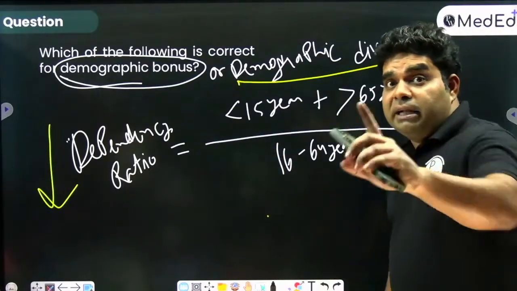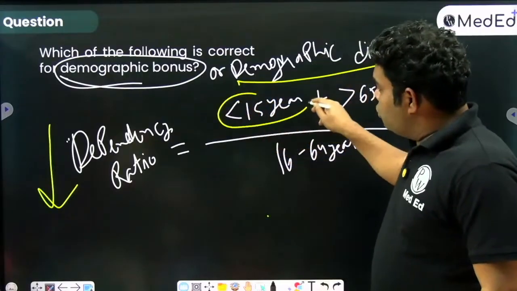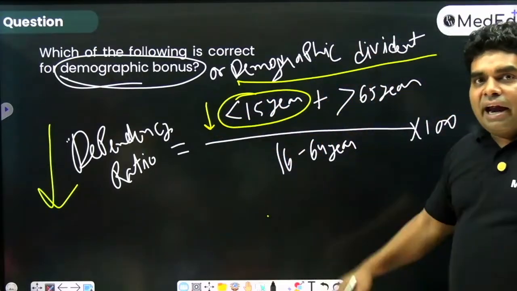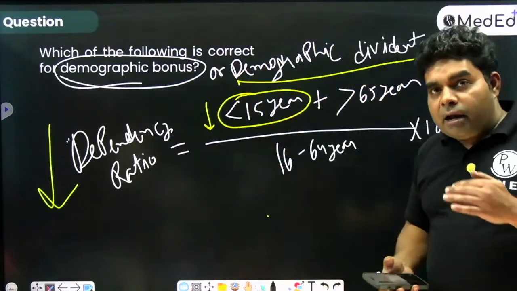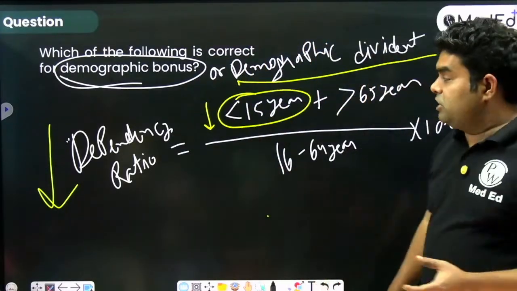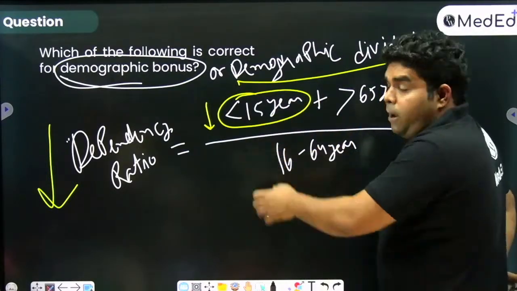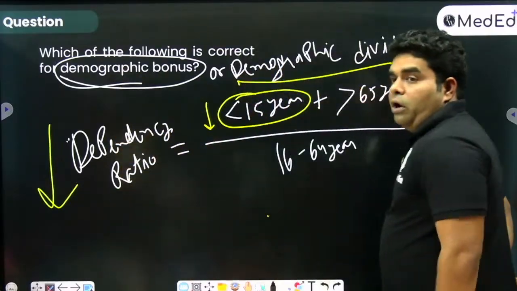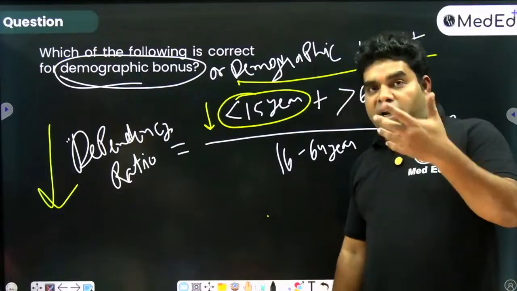Now, how can you decrease dependency ratio? There is only one method of decreasing dependency ratio. If we stop producing children, then the less than 15 years group will be less and the demographic dependency ratio will decrease. अगर फर्टिलिटी रेट को हम कम कर दें, बच्चे पैदा कम करने लगे, तो 15 साल से कम वाले कम हो जाएंगे और 15 साल से कम वाले कम होंगे तो डिपेंडेंसी रेशियो कम होगा और कम लोग निर्भर होंगे तो देश के लिए बोनस की तरह न्यूज होगा, अच्छा न्यूज होगा.